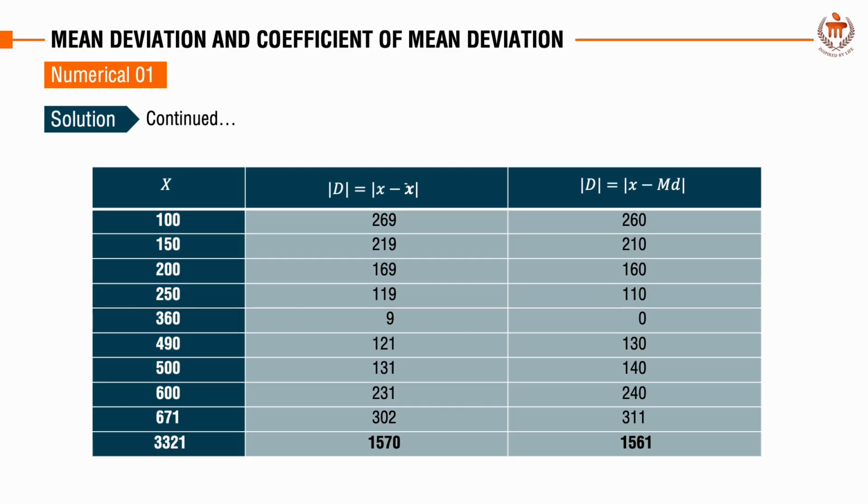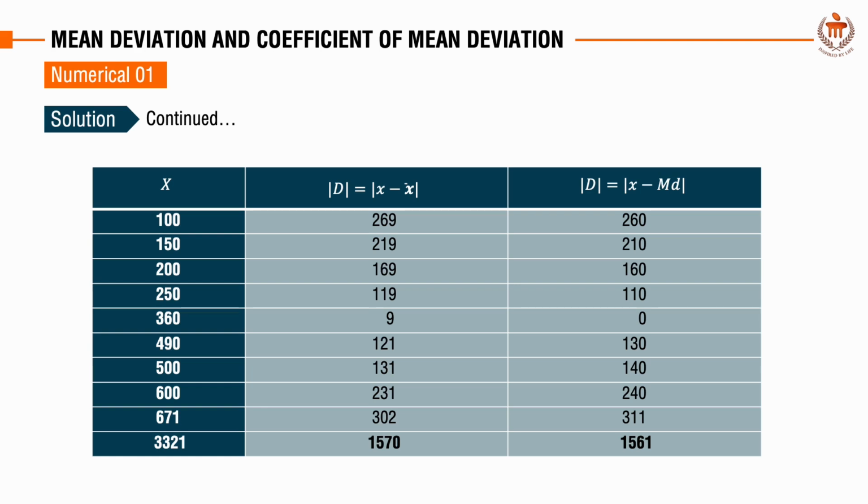Then 490 minus 369, I'll get 121. Then 500 minus 369, I'll get 131. 600 minus 369, I'll get 231. 671 minus 369, I'll get 302. Sign is ignored here.